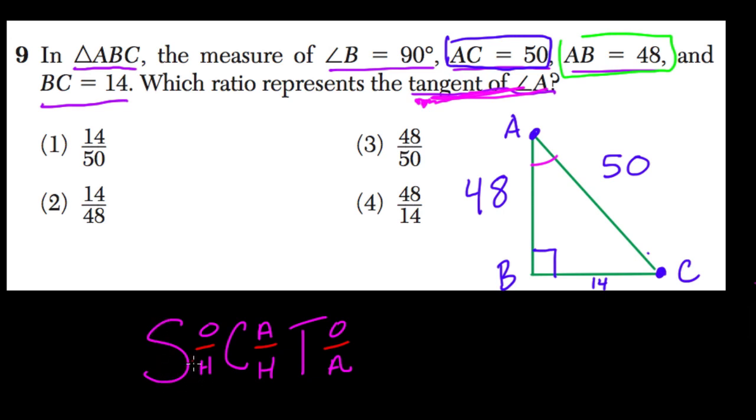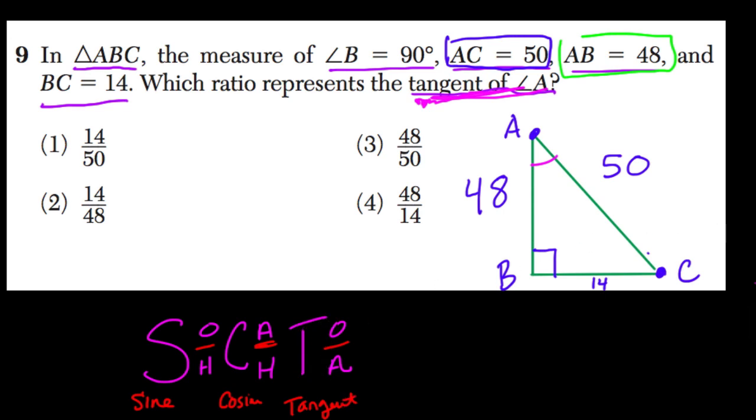So for example, S, which stands for sine, equals the ratio of the opposite side, O, over H, the hypotenuse. Whereas C, which stands for cosine, is the adjacent side over the hypotenuse, and T, which stands for tangent, equals the opposite over the adjacent side.